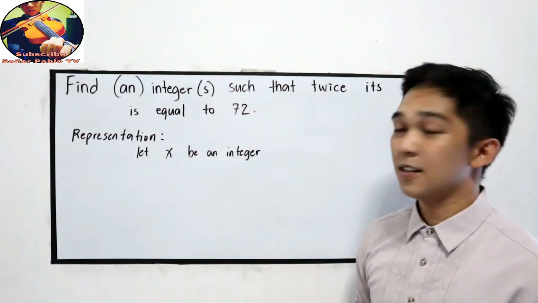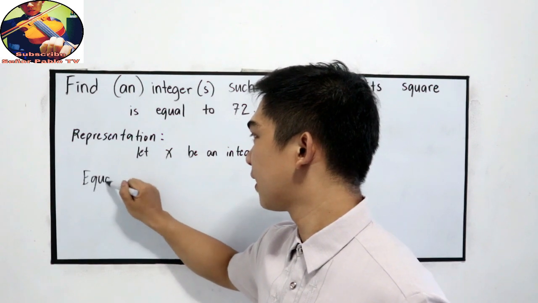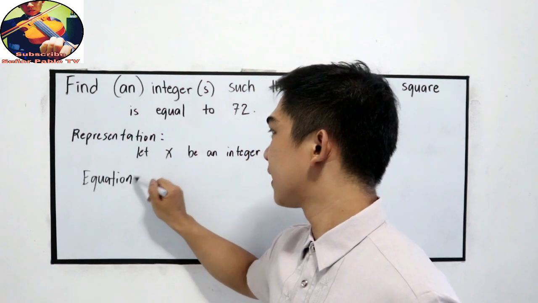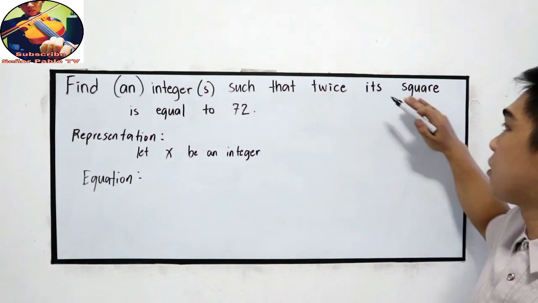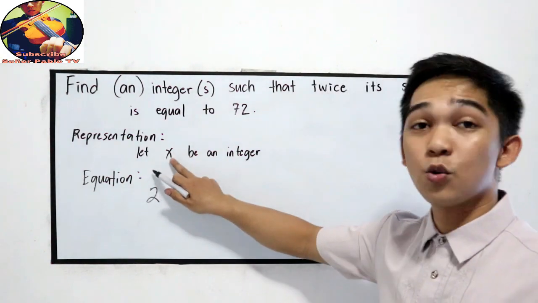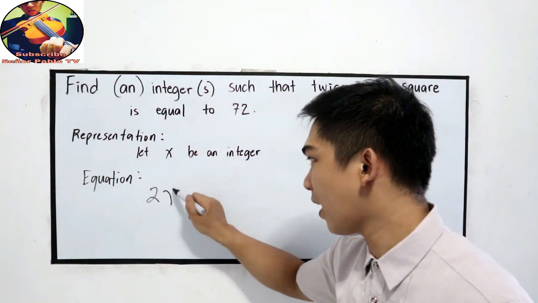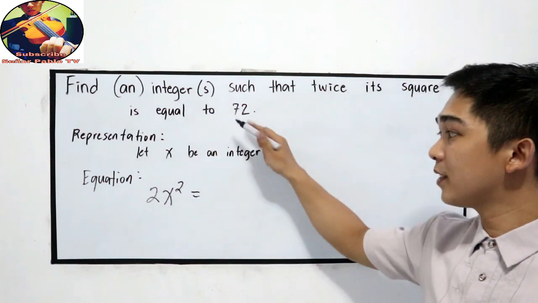Then, equation. Such that twice its square. Twice daw ng square niya. So, 2x squared is equal to 72.